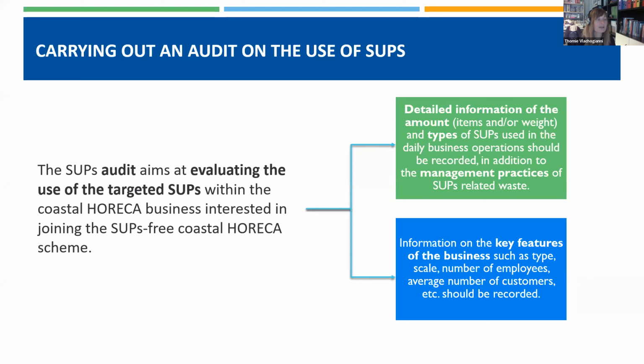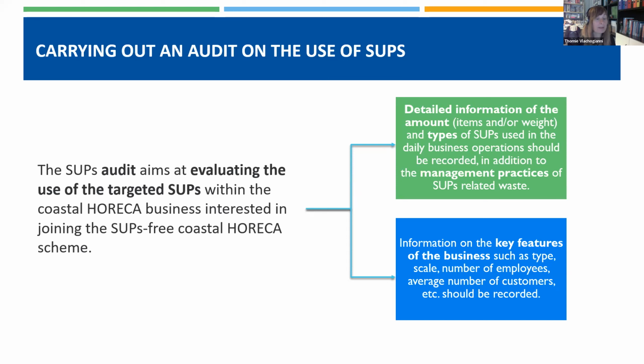And of course, this kind of information might be more accessible for bigger businesses like large hotels or very large restaurants, but for small businesses like a small canteen on the beach, this kind of information was not always available. And of course, there had to be some kind of estimations in order to have a sort of baseline, and in order then to move on to designing the intervention.